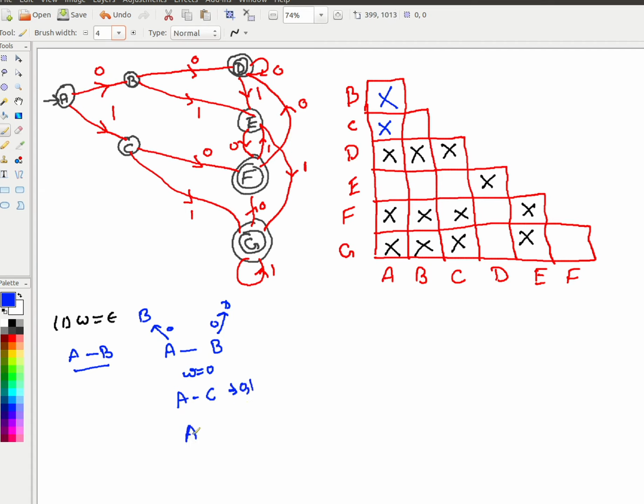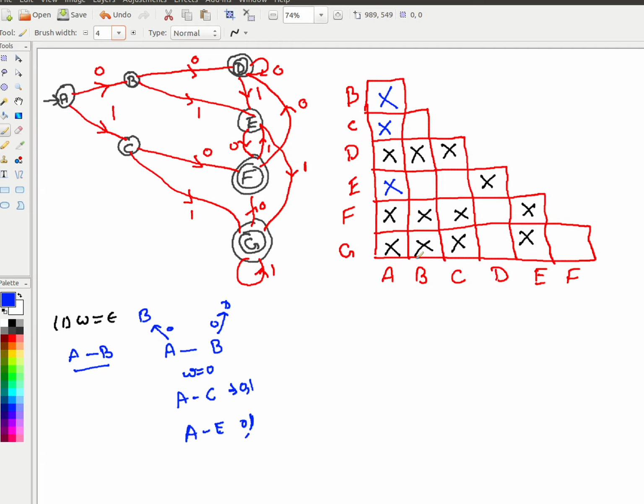For A and E, you can again distinguish based on 1, right? What about 0? It goes to a final and a non-final. So again 0 or 1, whatever you pick. So A and E is also distinguishable, correct? Is it clear? Does anyone have any doubt in what we are doing?